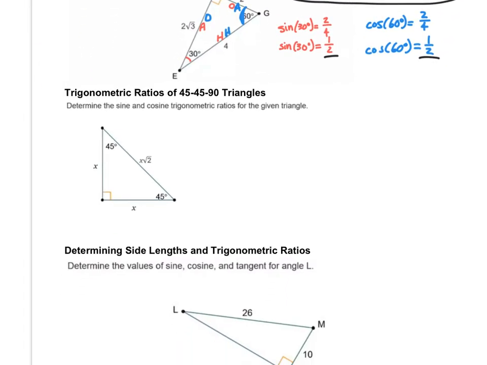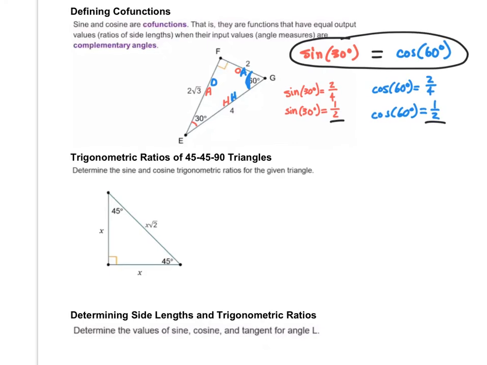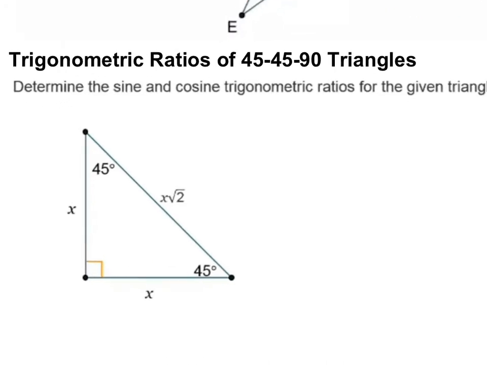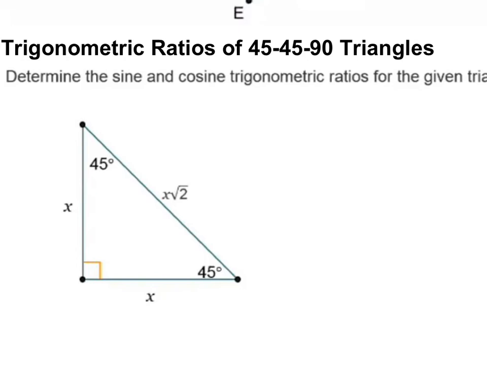All right, let's take a look real quick. Let's determine the sine and cosine trig ratios of this given triangle. I don't really know what these sides are. They're x, and x times the square root of 2. This applies to any trig ratio for any 45, 45, 90 triangle.